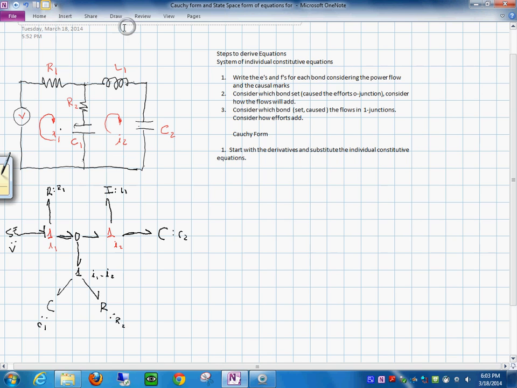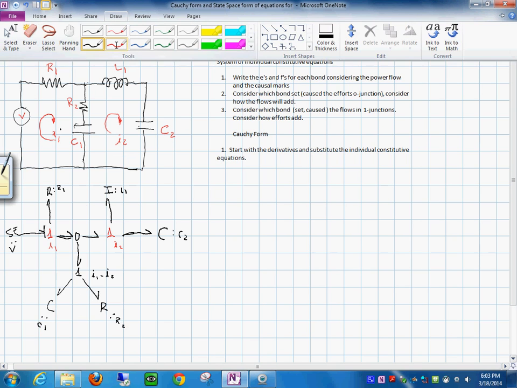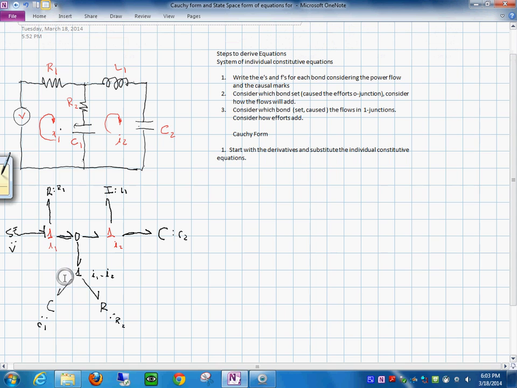What we need to do is finish the causal marks on the numbers. But as far as the simulation is concerned in CAMP-G, you could put this in like this, and the program will assign the numbers and the causal marks as well. But since we're doing it by hand, we need to put that in here.